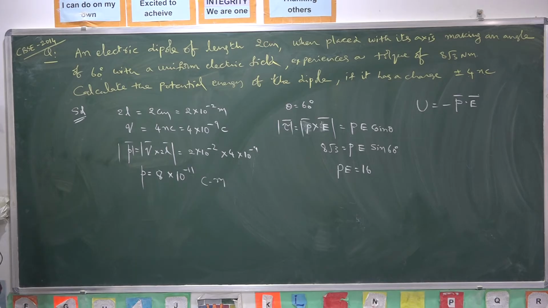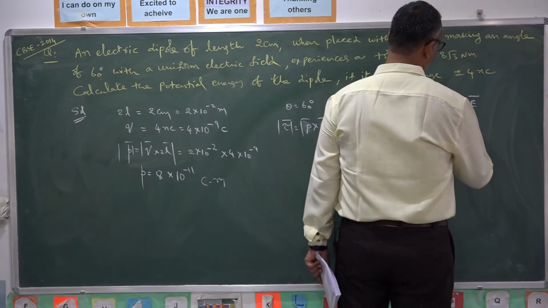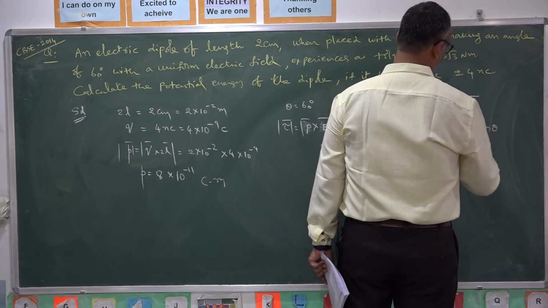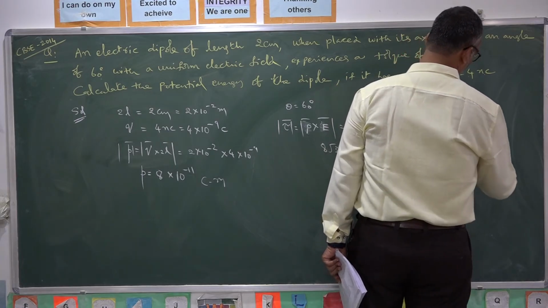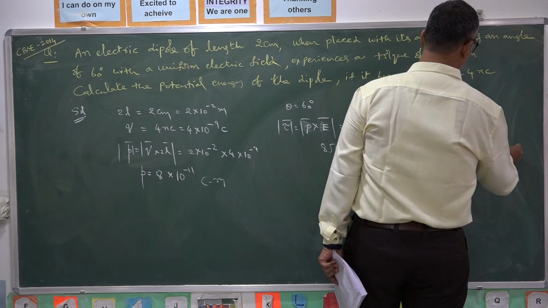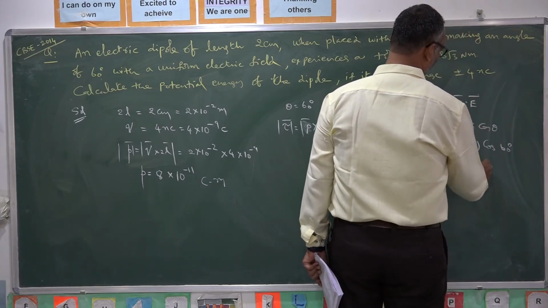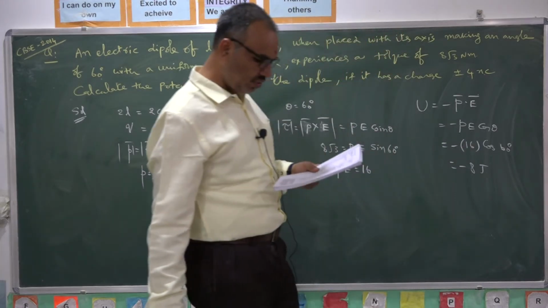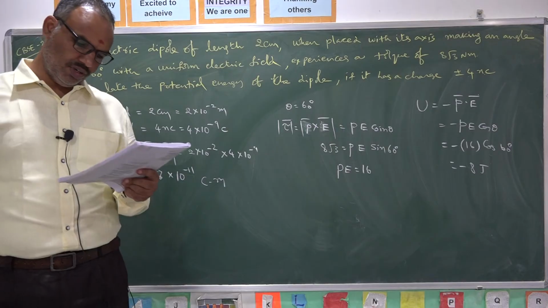So the attraction energy is represented with a negative sign. So minus PE cos theta. That is, PE value we calculated as 16, cos 60. Cos 60 is 1 by 2, so minus 8 joules. Minus 8 joules is the answer for this question. Very, very simple.